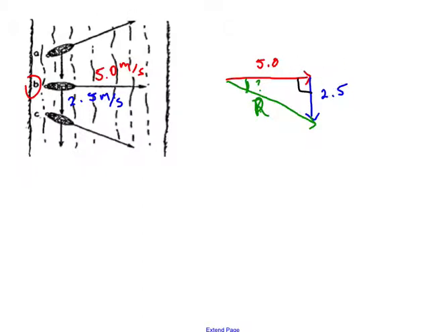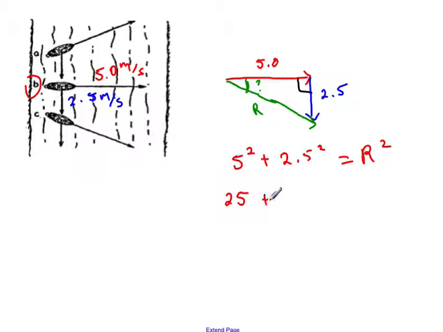All right, so our resultant, R. A resultant can be found using, you know it? Yeah, Pythagorean theorem. So 5 squared plus 2.5 squared should equal my R squared.